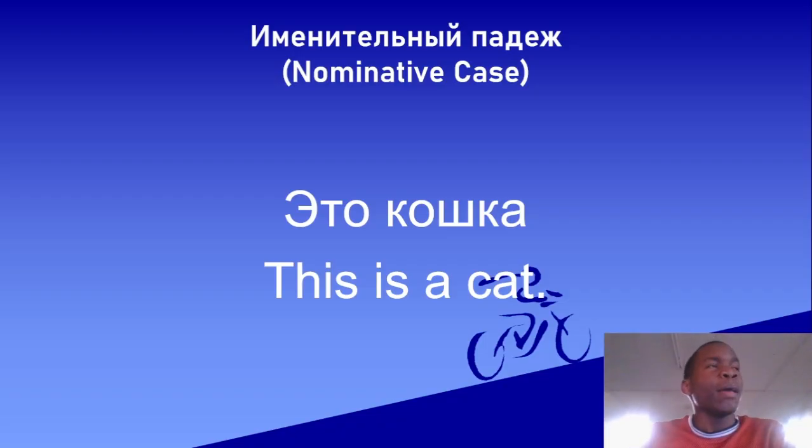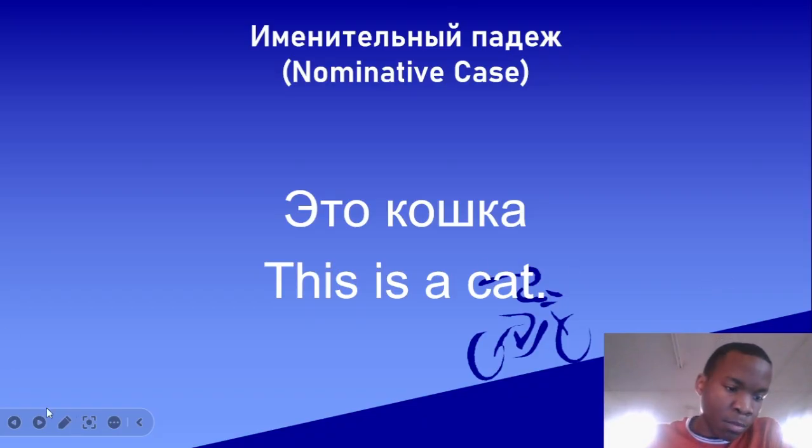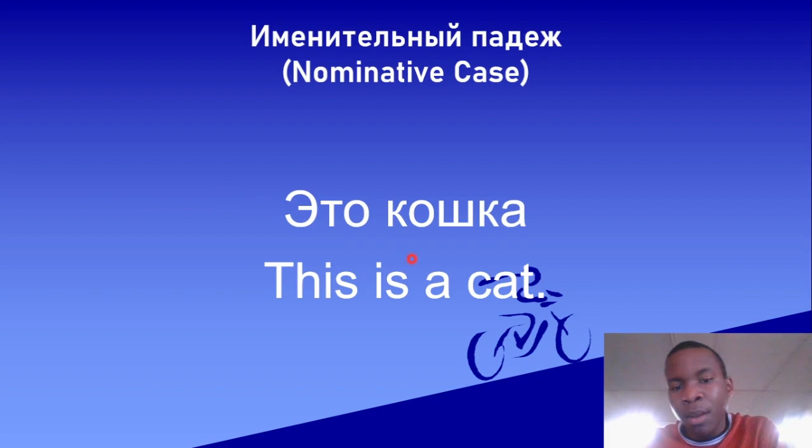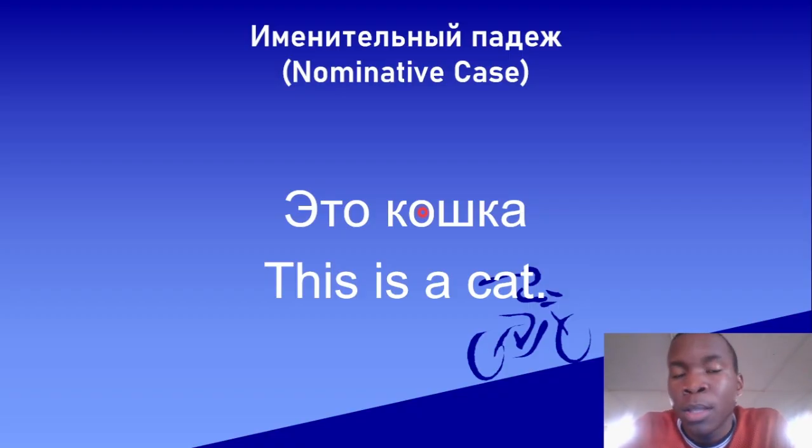Bear in mind with this sentence, as simple as it is, the word koshka, let me get my laser pen, this word here, koshka, is a cat, but a female cat. Obviously, gender is of utmost importance in the Russian language. I'll give you an example later on what I mean.